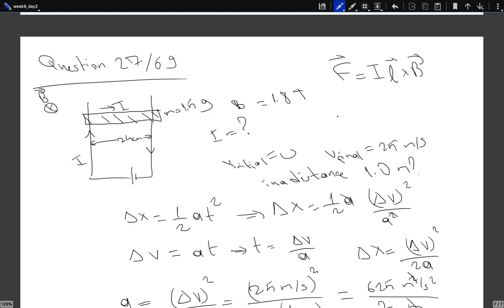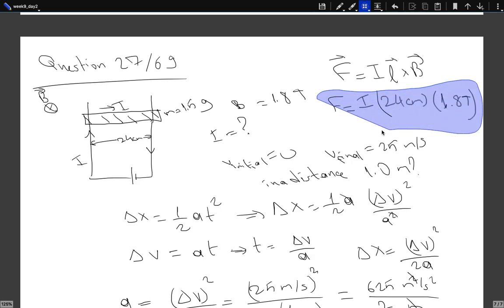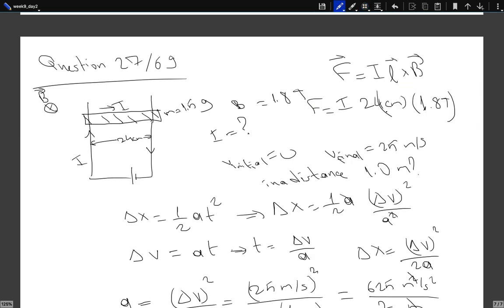The magnitude of that force is I, which we do not know, times L, the length, which is 24 centimeters, times B, which is 1.8 Tesla. That is the force.